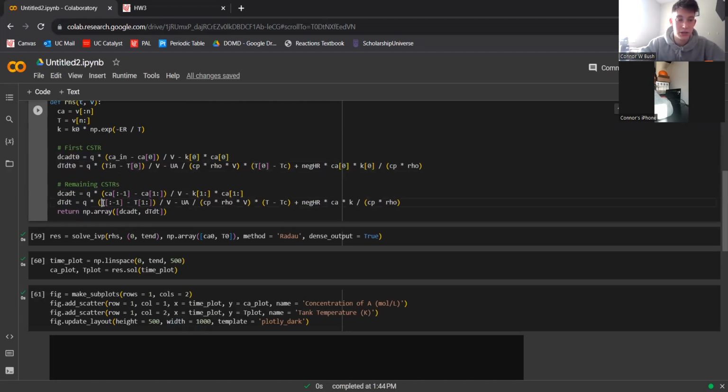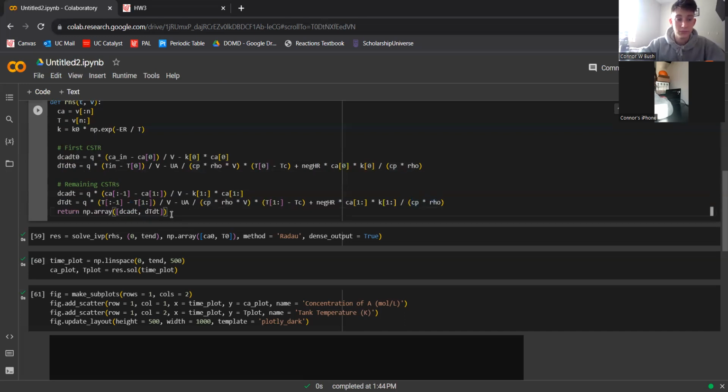This is essentially like the inlet minus the outlet, where the outlet is the following inlet temperature for the next CSTR in series. These are untouched, these are constant, that's untouched, already dealt with. And then we're looking at the first to the end. A little repetitive, but making sure everything matches. These are constants.